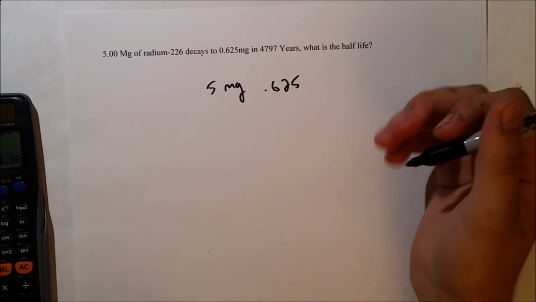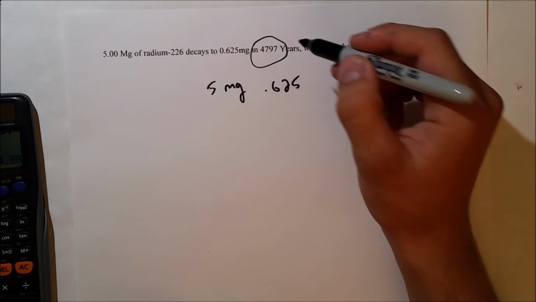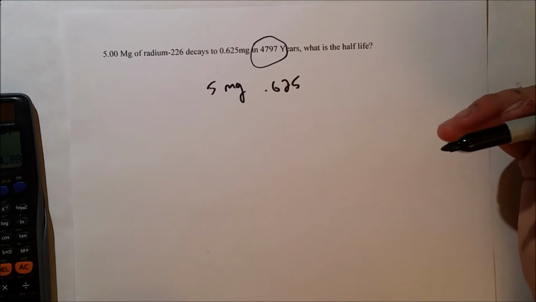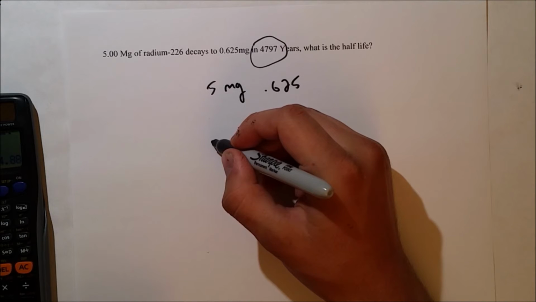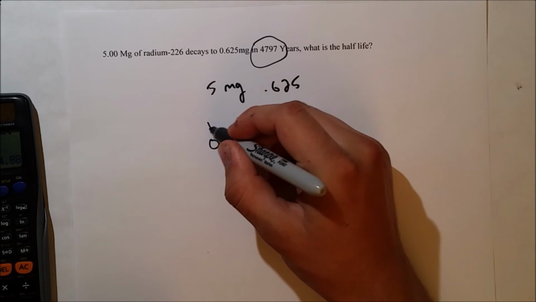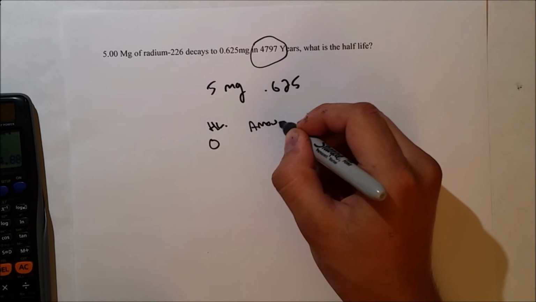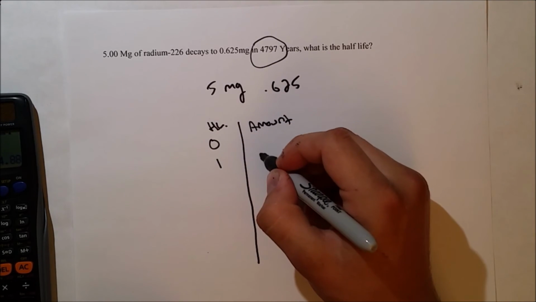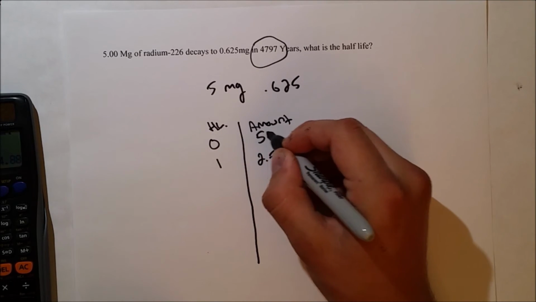We're going to determine how many half-lives it takes, and then we'll divide our amount of years by our half-lives to get how long one half-life is. Going on the list, 5 milligrams is half-life 0, and our amount. Half-life 1, we have 2.5. So half-life 0, we have 5.